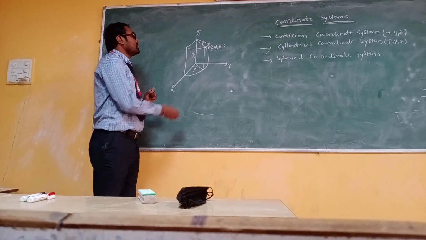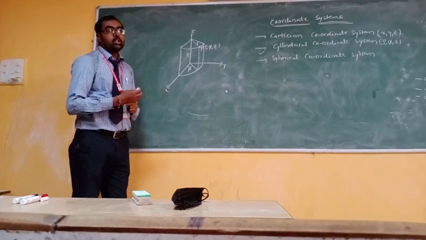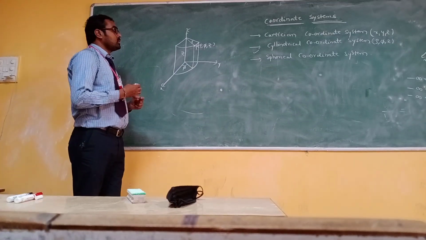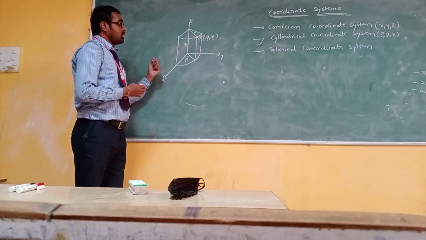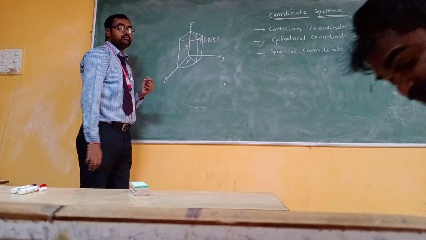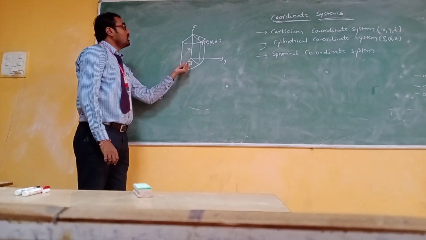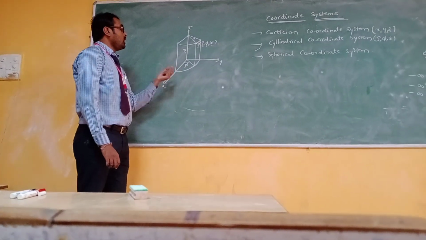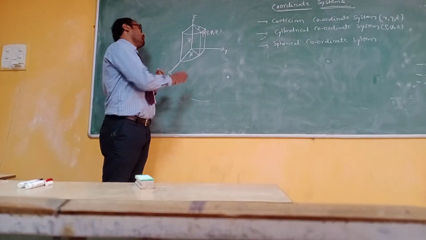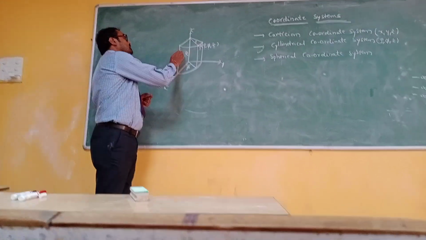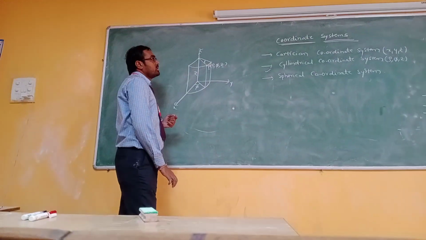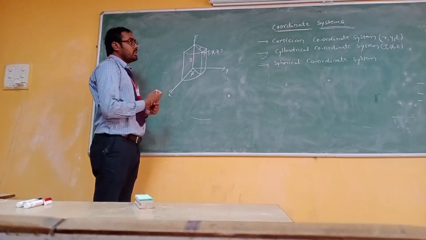The next one is phi. Phi is the azimuthal angle on the xy plane from the x axis, and z is the same as the Cartesian coordinate system's z direction component.